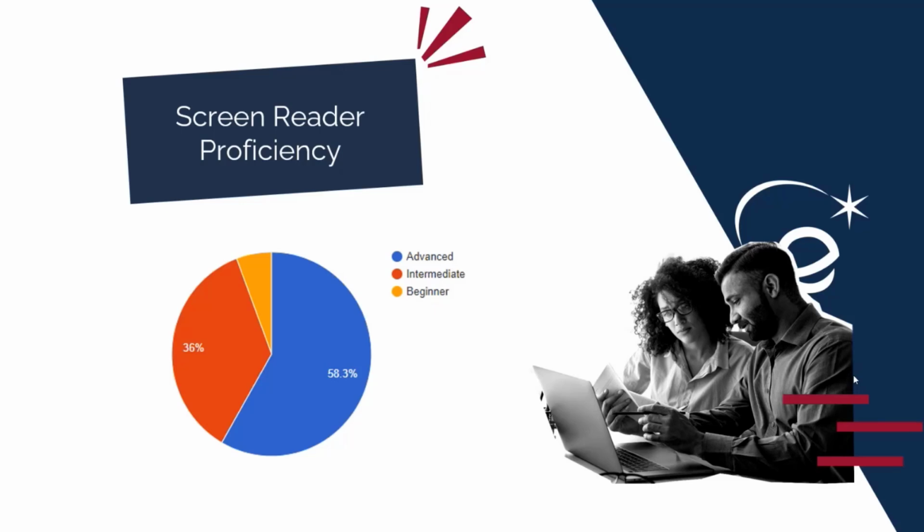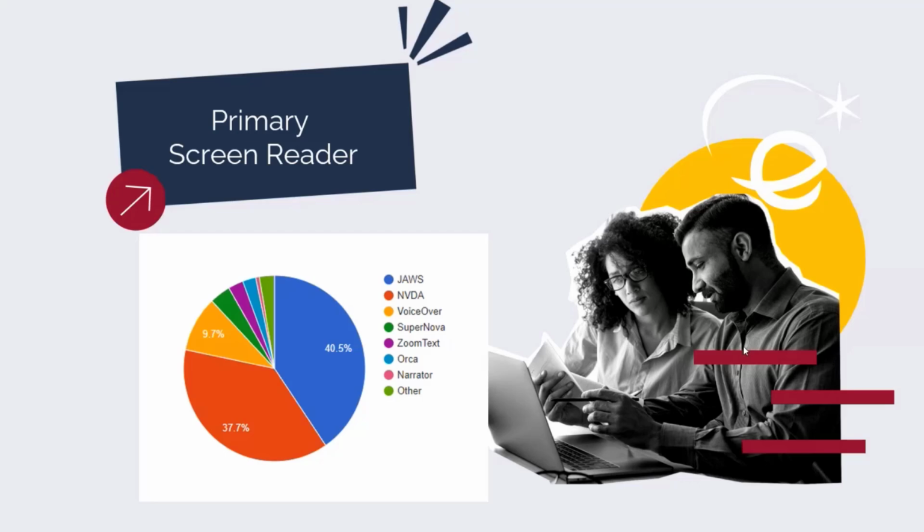Most users of screen readers are advanced, essentially, and the other large chunk, 36%, are intermediate. There's only a very small minority who are beginners. The primary screen reader used, and the first one that a learner might use, is still JAWS at 40.5%. NVDA is a close second, 37.7%, and VoiceOver from Apple is the other major slice of the pie at 9.7%, and there are some others that fill in the margins.